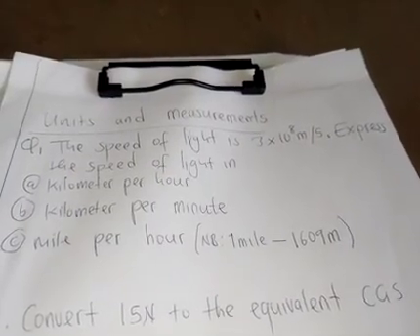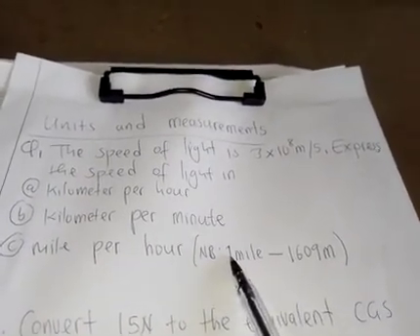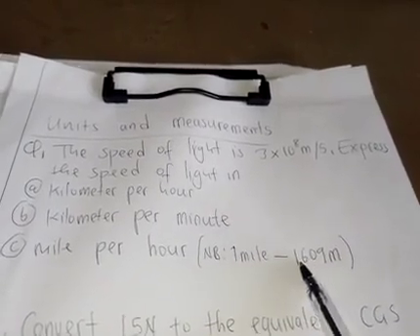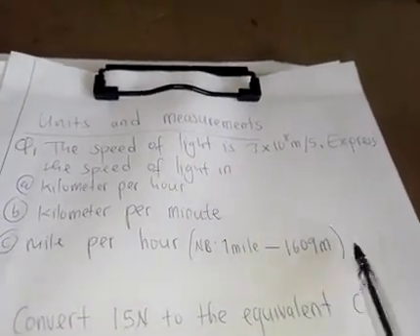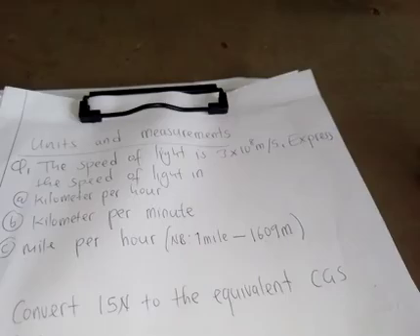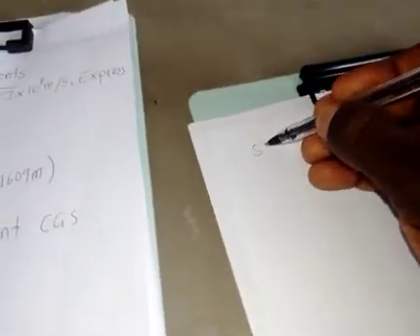Given that, NB, 1 mile is equal to 1609 meters. That's the conversion factor. So we have our first question there. So let's see the solutions.